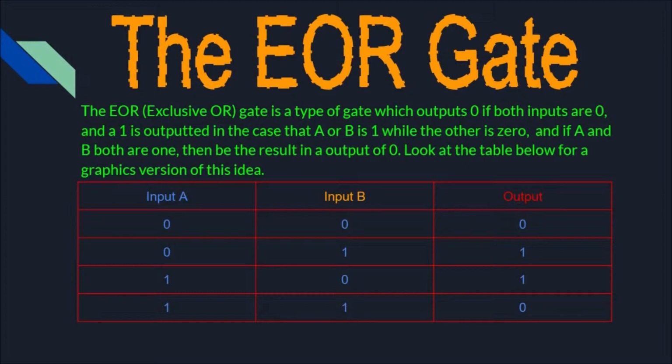If you want the light to shine, with the voltage being sent as a 1, then you want the gate to work so that if either A or B, so let's say in a car we have 2 doors, is opened, then the light shines. If the first door is closed but the second is open, we're still going to have the light. If the other one is opened and the first is closed, we're still going to have the light.